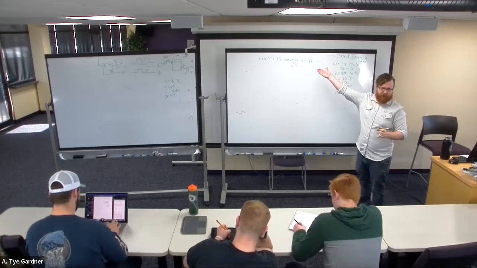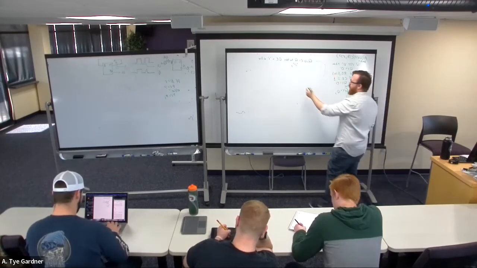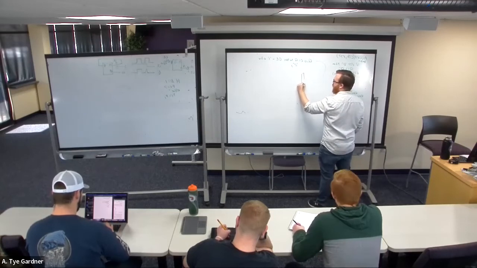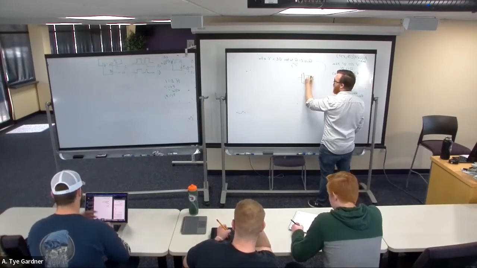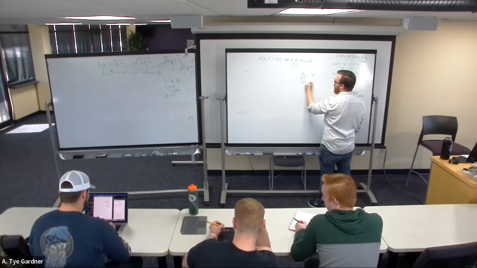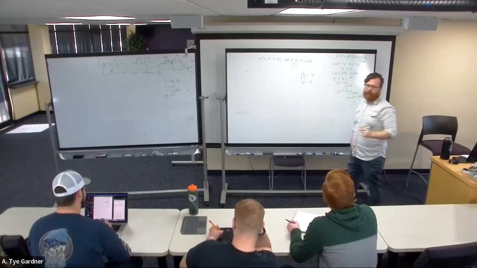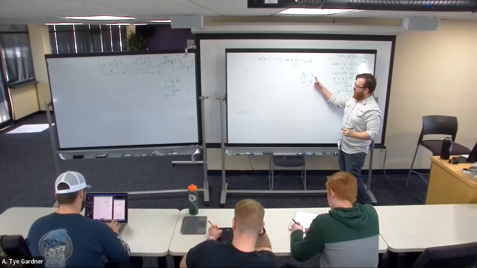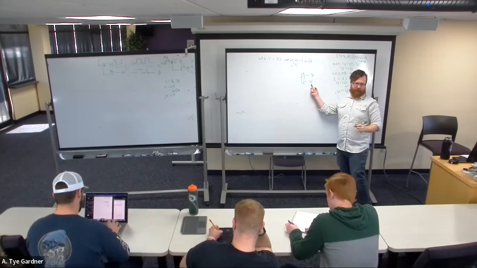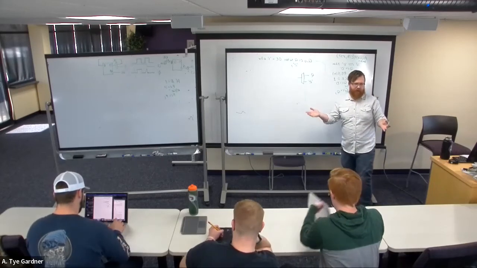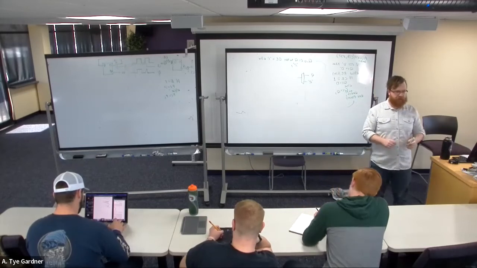Which is a mux, right? But it's just a mux that looks like that, where it's either connected to Q or to nothing, which is what we want, right? If our output's not enabled.